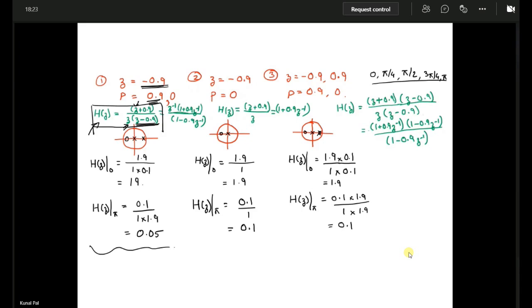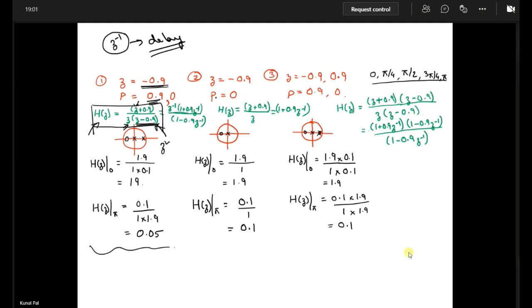But if I have to realize the filter, as I told in the previous classes, we need the transfer function in terms of z inverse, which is given by delay. So if we convert this, what we have to do? What is the highest power of z? The power of z is higher in the denominator, so it is z square.